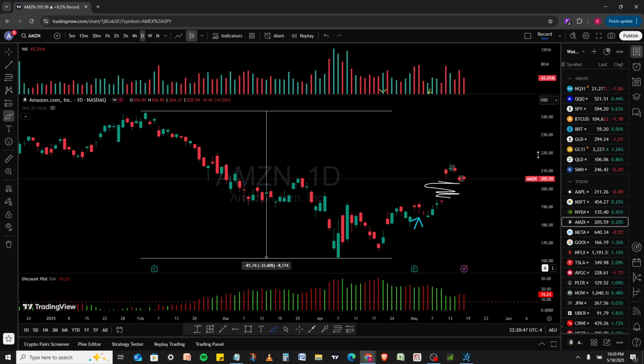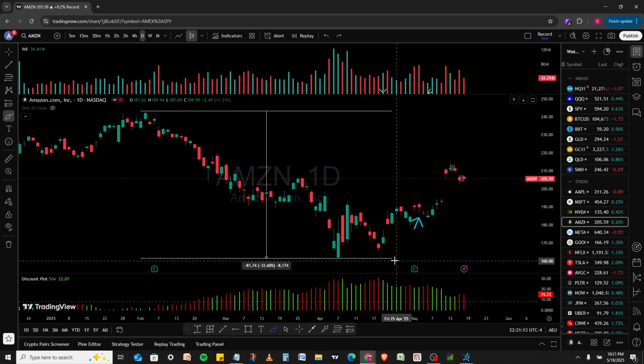So look for levels on Amazon around 195. It could be a good entry for people who are willing to buy the dip. If you buy Amazon around 195, it's like buying $100 worth of stock for $80, so a 20% discount.